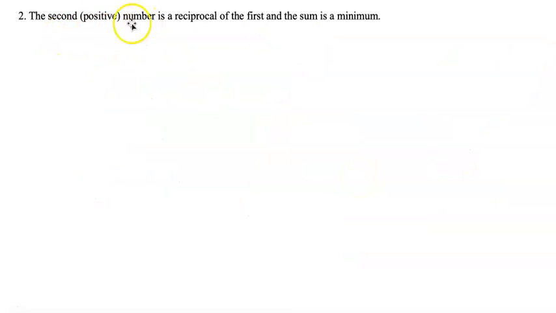The second positive number is a reciprocal of the first, and the sum is a minimum. So first, let's write our primary and our secondary equations. Our primary equation is the one that we want to maximize or minimize.